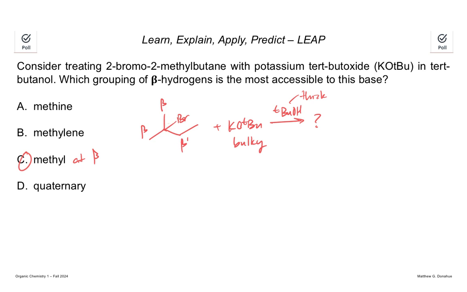And if the base is big, it really can't see those to do an elimination. So we can conclude that the alkene has to end up between alpha and beta as they're labeled, so that would be essentially between carbons 1 and 2.